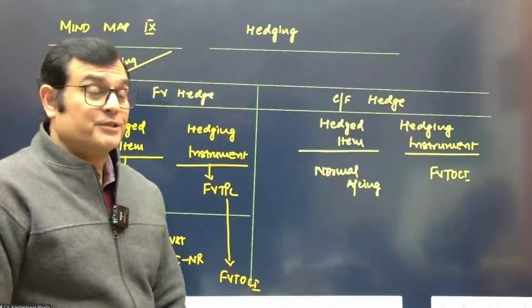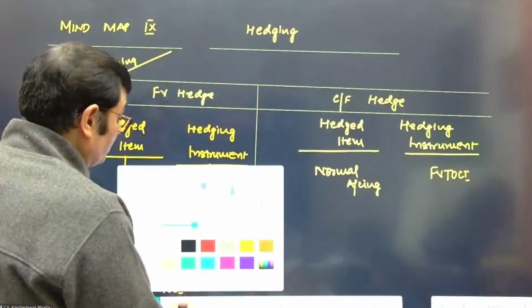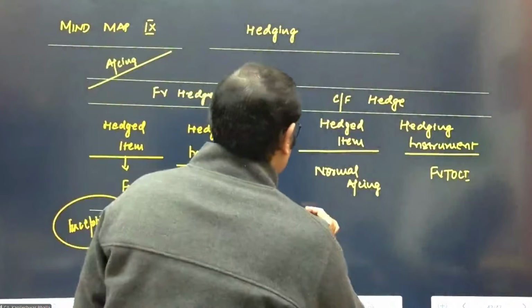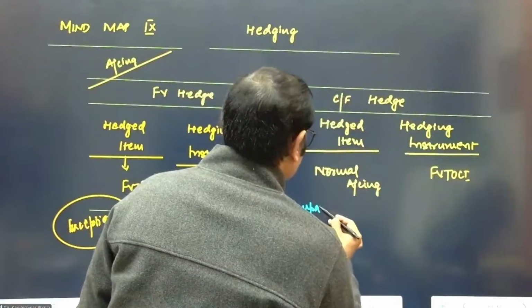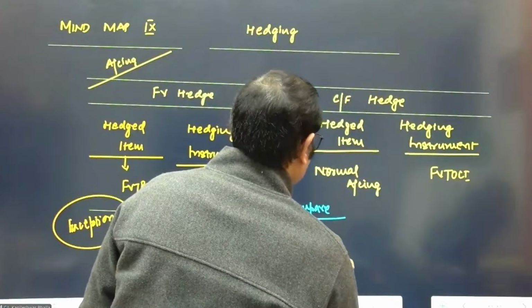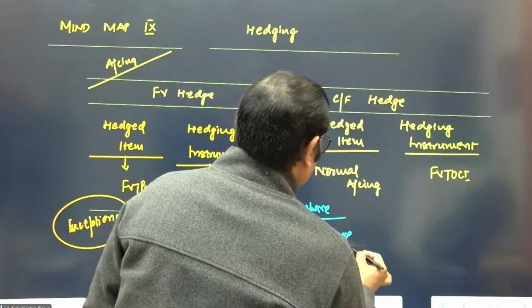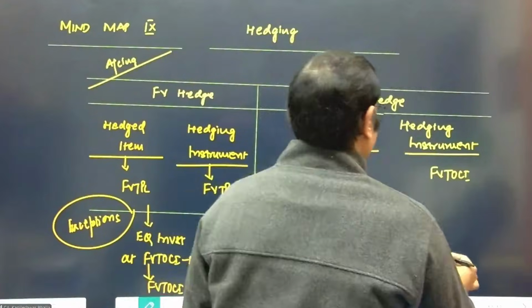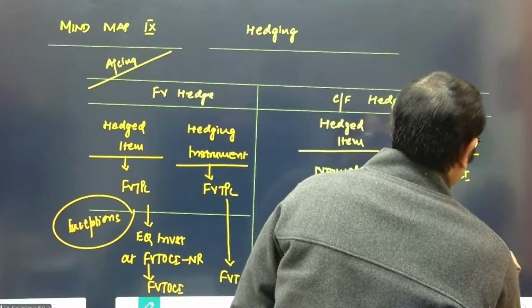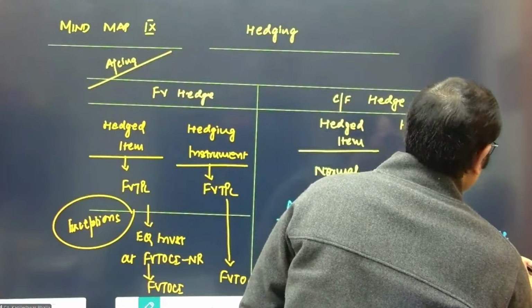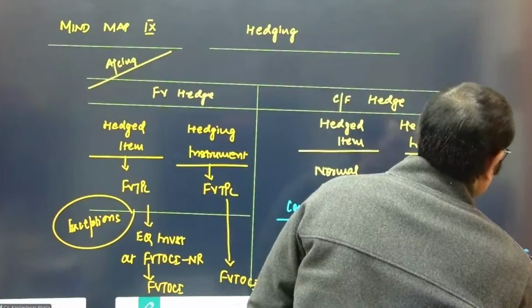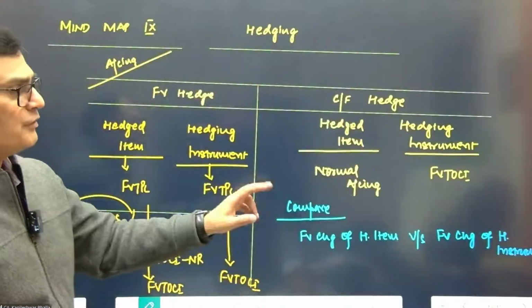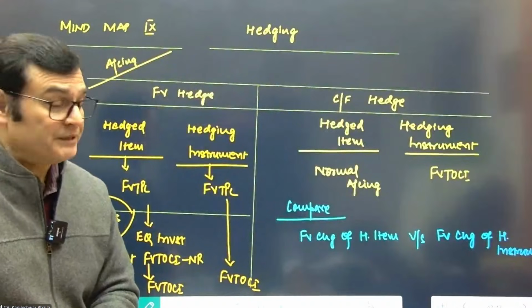But what you need to do is, I gave you the inputs, you need to compare the fair value change of the hedged item with the fair value change of the hedging instrument.